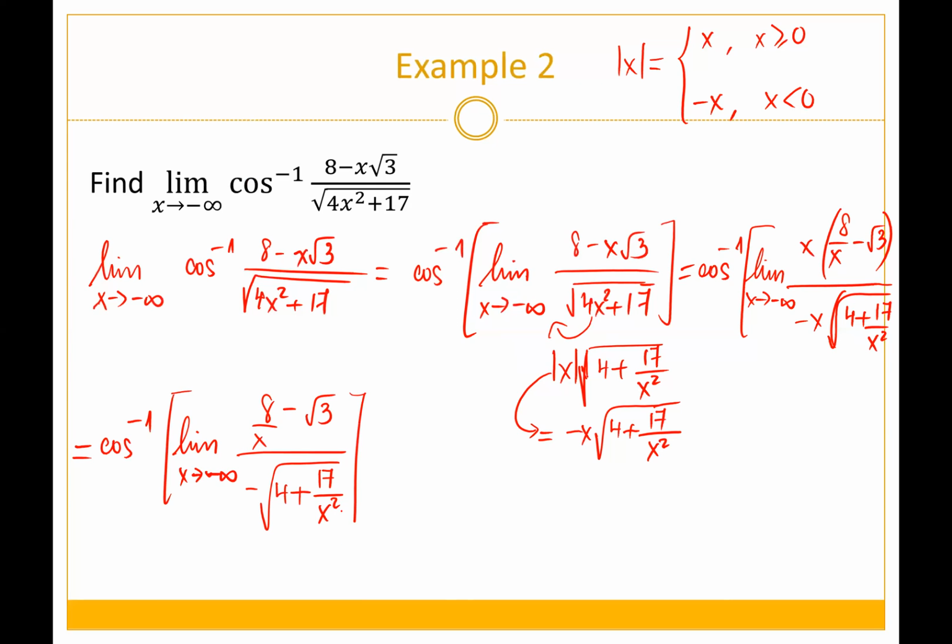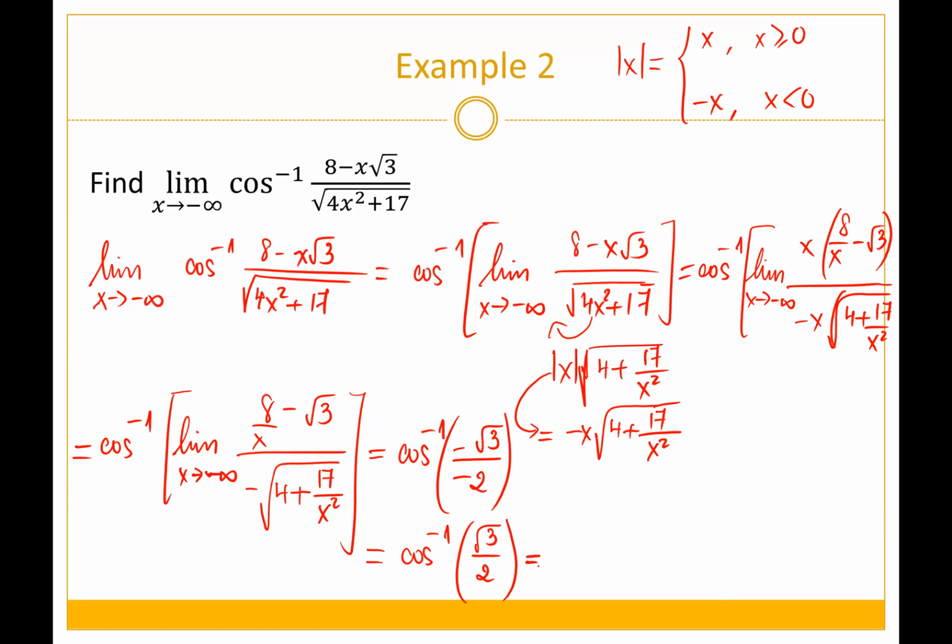Now a over negative infinity is going to be 0 minus, which is a very small negative number, but you can ignore it because it's very, very small compared to negative square root of 3. So it's going to be inverse cosine of negative square root of 3 divided by negative 2, which is going to be inverse cosine of square root of 3 over 2.